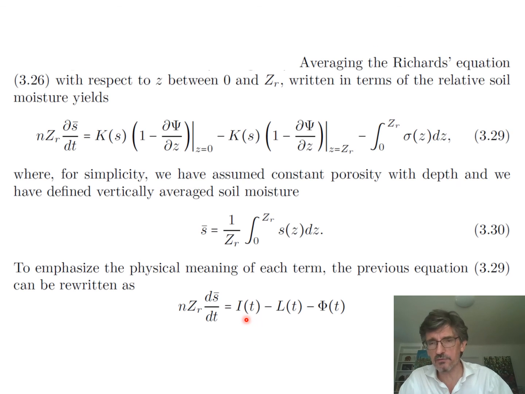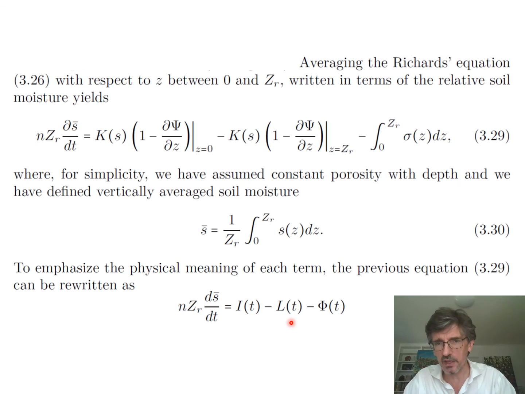And this at the surface, if it is pointing downward, it is basically the infiltration. It's the water that comes from the surface into the soil when it rains. Whereas if it happens to be negative and it's water exiting from the surface of the soil as a flux, it's probably bare soil evaporation, some evaporation directly from the soil. This also can change sign, not necessarily has to be pointing downwards.